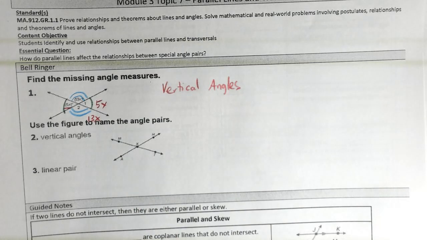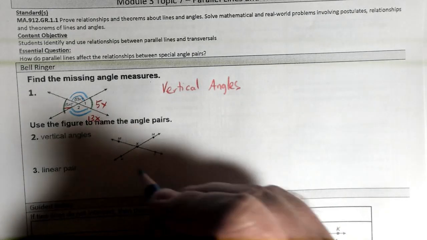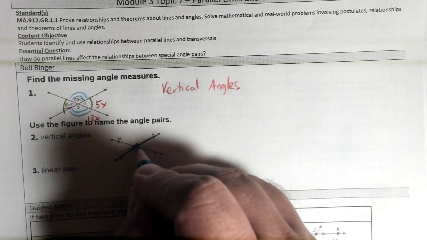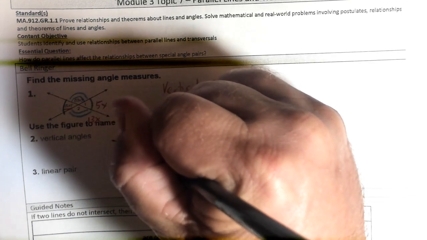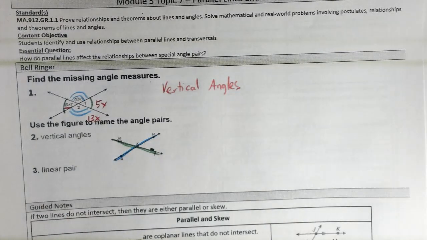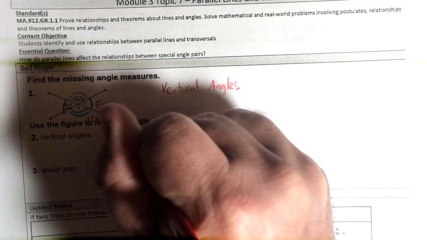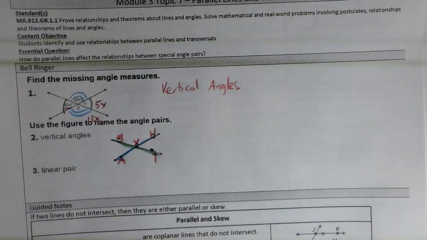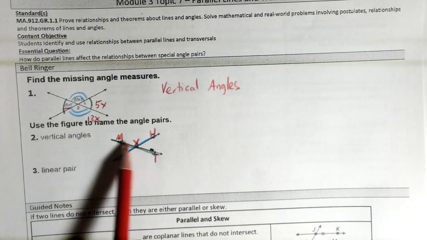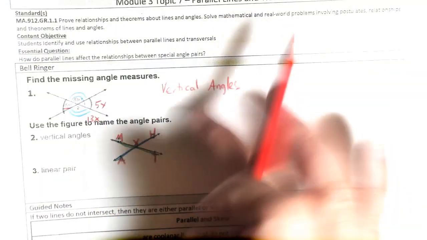Use the figure to name the angle pairs. All right, so our vertical angles, those are going to be, and actually to start this, I'm going to draw these lines in different colors so we can make it a little easier to differentiate for our linear pair for the third question. So let me make these letters a little bigger. That's M, X. That's an H up here, and that's a T. So our vertical angles, that's going to be this angle and this angle together.